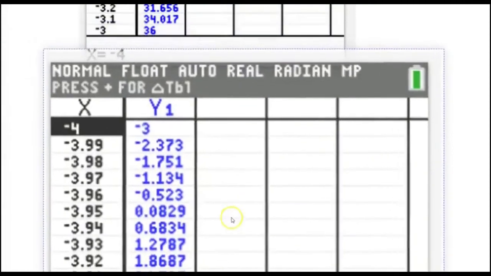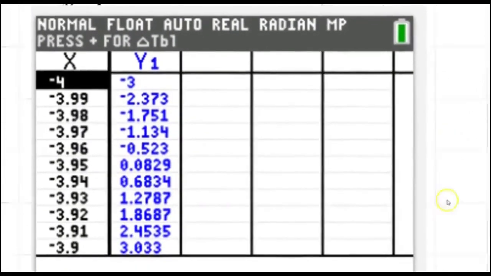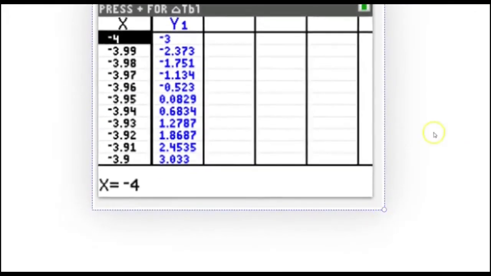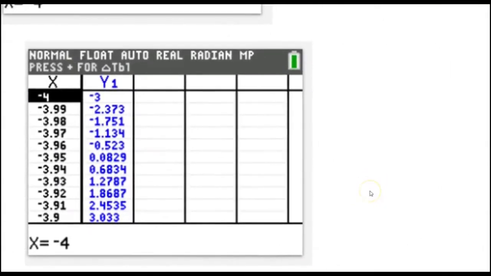And once again, we want to use that intermediate value theorem to notice when there is a change in signs. So we can see here there's a change in signs in the Y menu, and that happens on these two values here. Just to recap, we originally started with the intermediate value theorem proving that there was a 0 between -4 and -3.